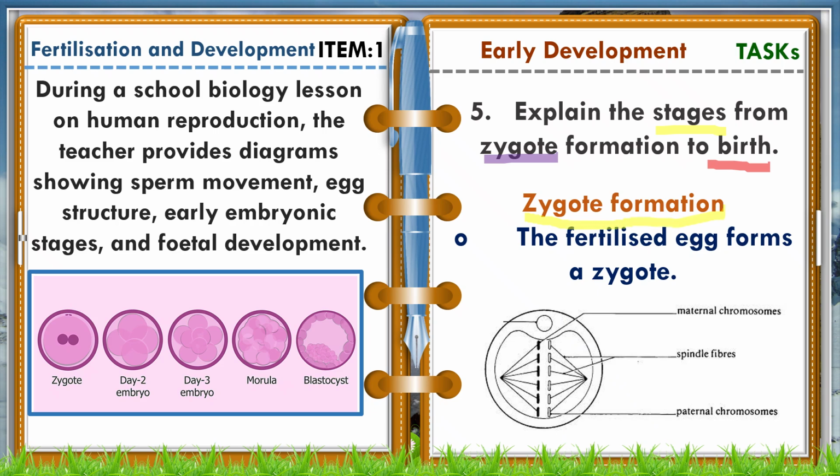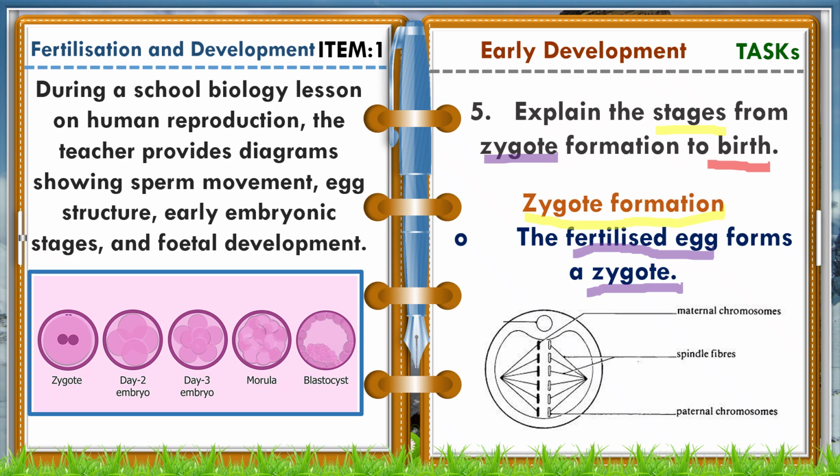The fertilized egg forms the zygote. When the egg has been fertilized with the sperm cell, we form what we call a zygote.